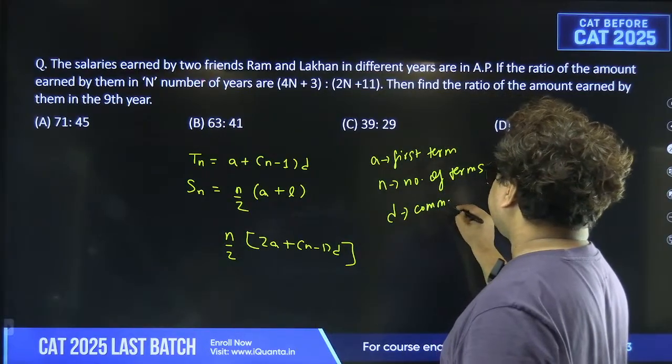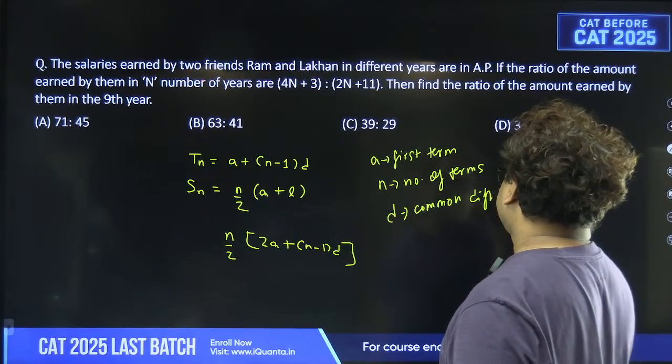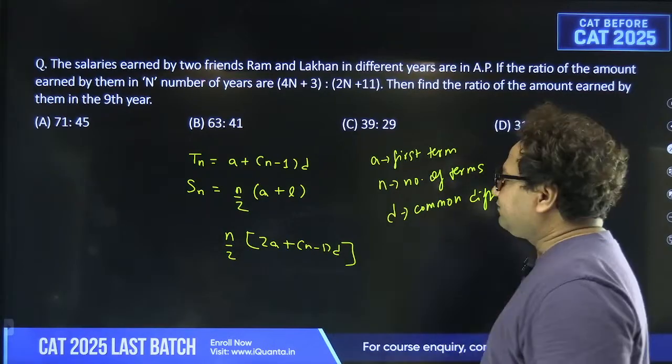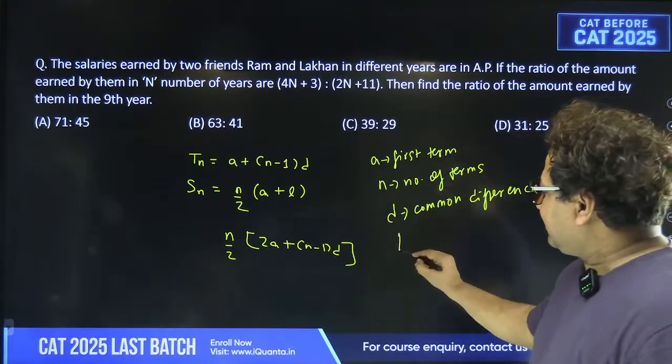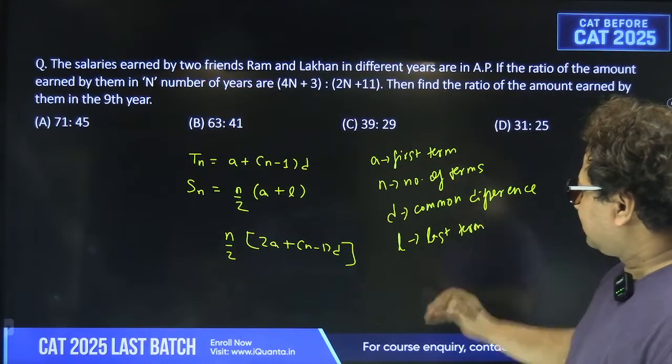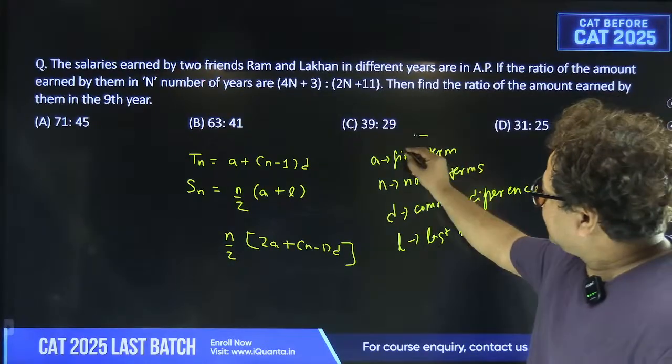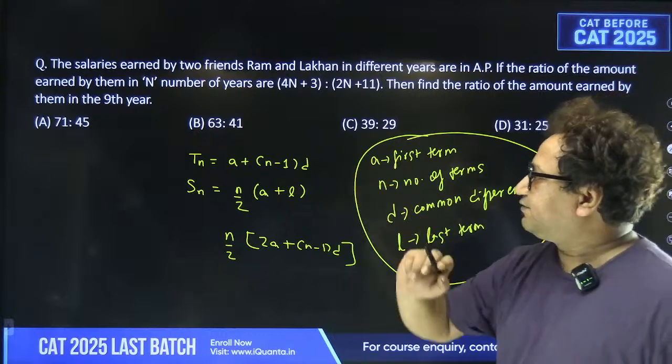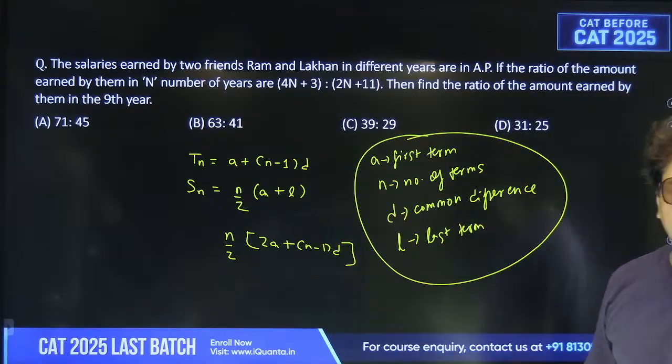So all the arithmetic progressions have a common difference between their successive terms. l is the last term. All right, so these four things we have to keep in mind, and these are the formulas I'll be using.